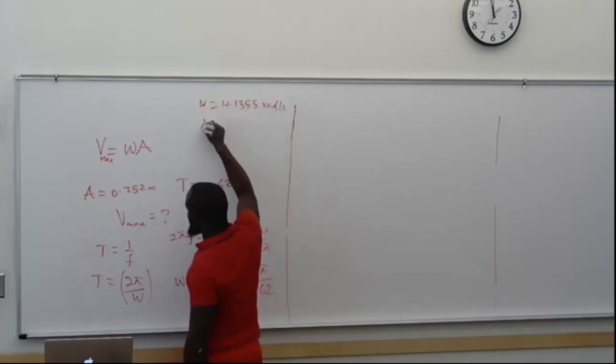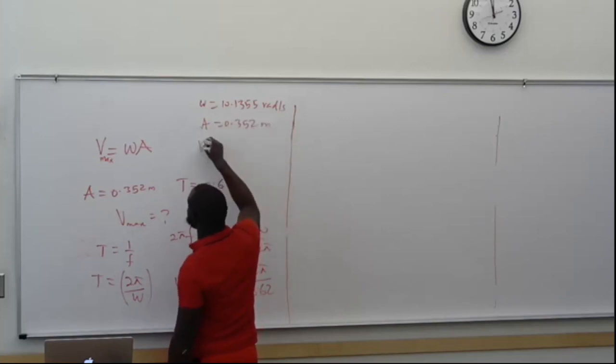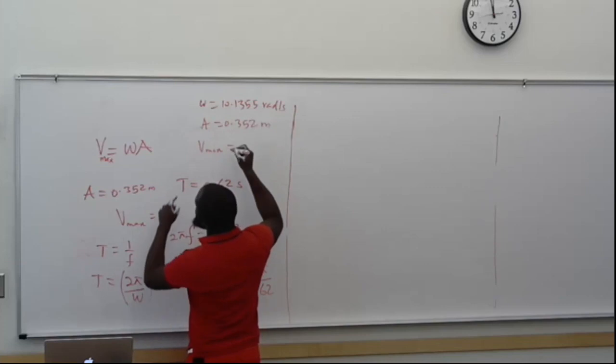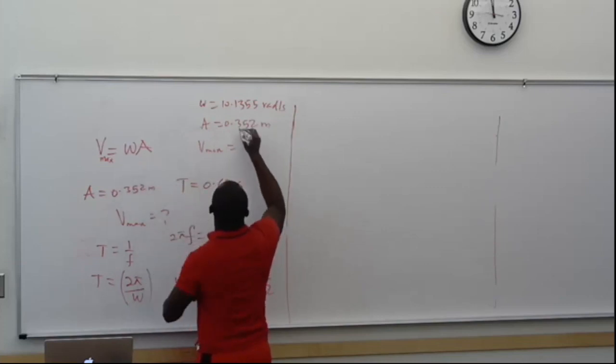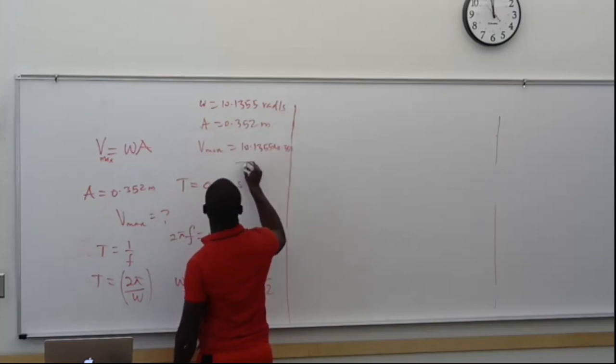And I have my amplitude A, 0.352 meters. So what's my Vmax? Omega times A. So 10.1355 times 0.352.